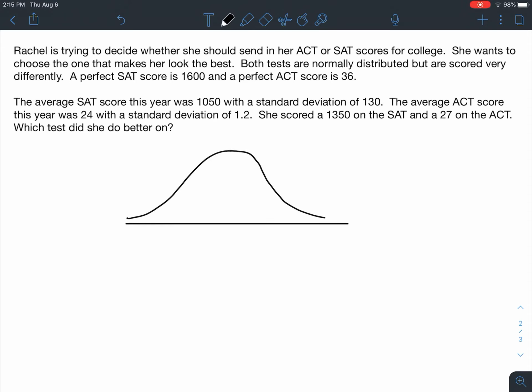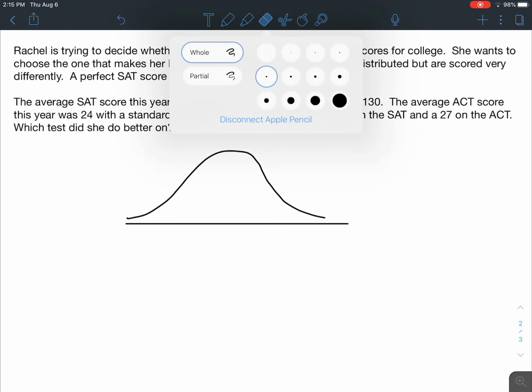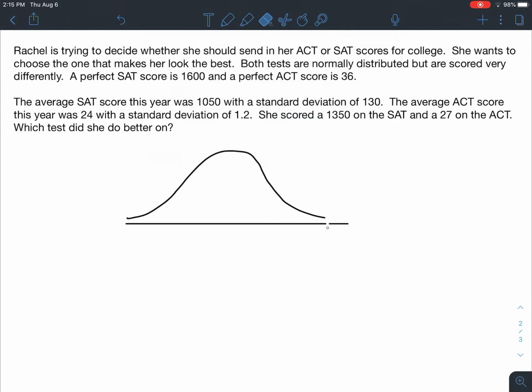One thing I find helpful is to make your normal distribution curve just a sketch. It doesn't have to be perfect. They very rarely are. We know there's a mean and 1, 2, 3, 1, 2, 3 standard deviations. We'll say this is her ACT curve. The ACT average was 24 and had a standard deviation of 1.2.